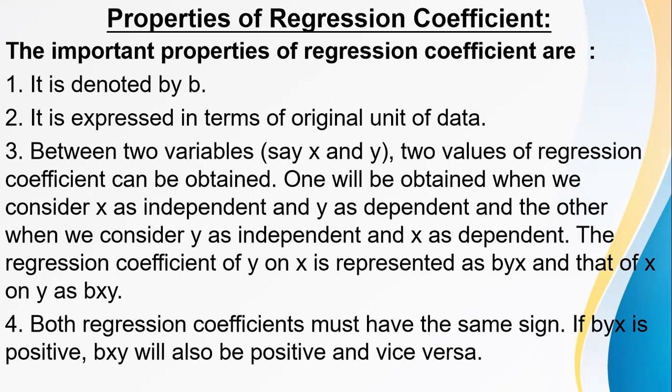The regression coefficient of y on x is represented as byx, and that of x on y as bxy. Both regression coefficients must have the same sign. If byx is positive, bxy will also be positive and vice versa.